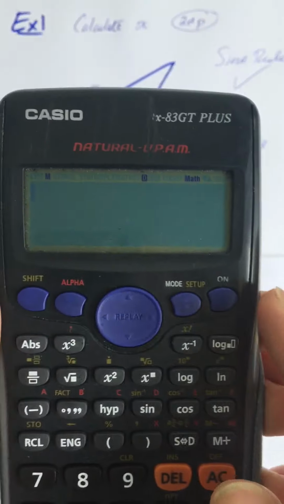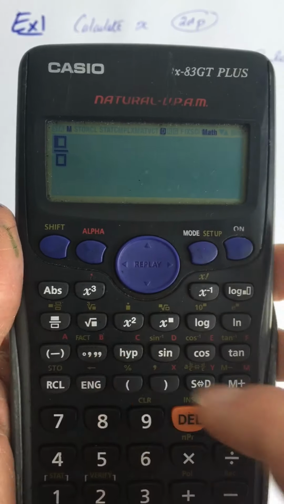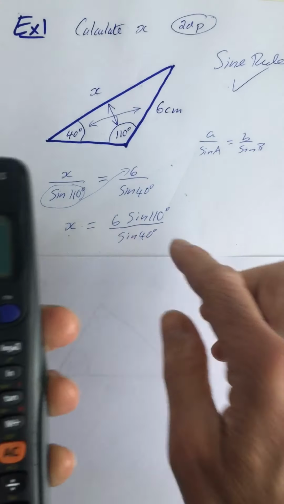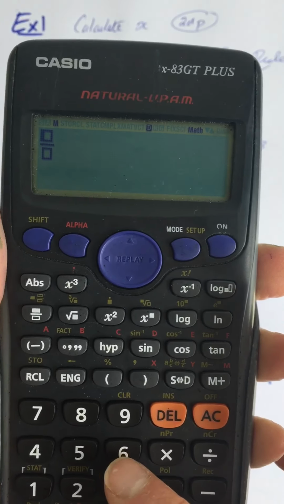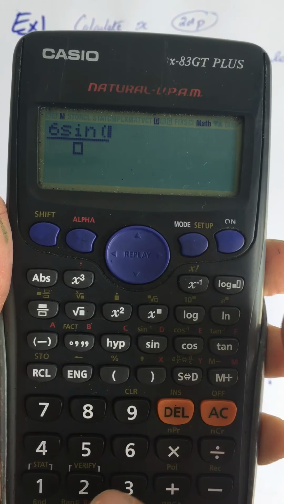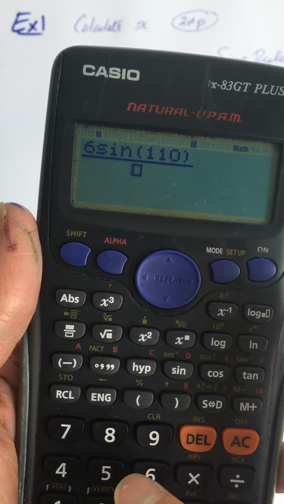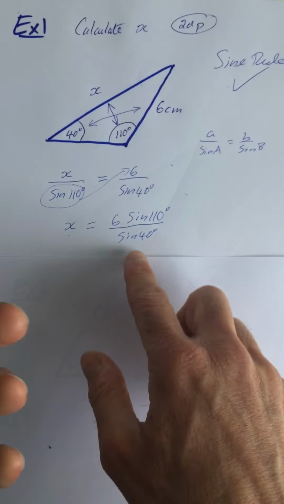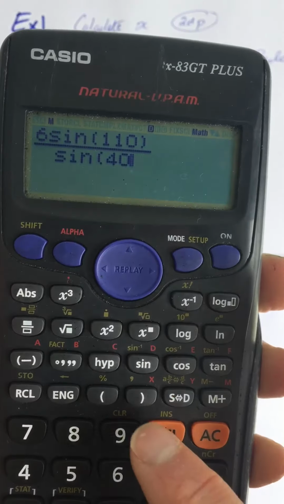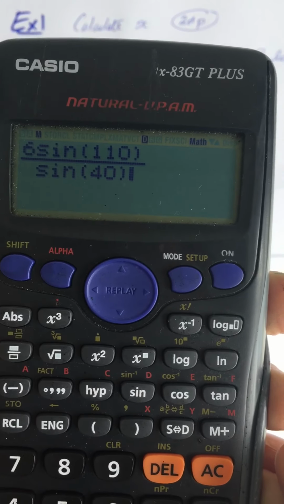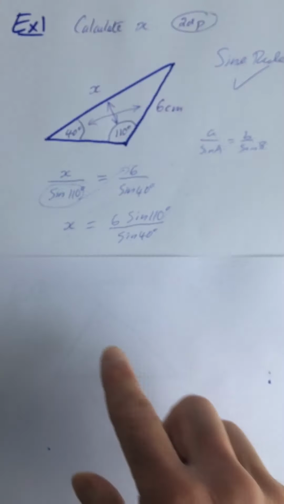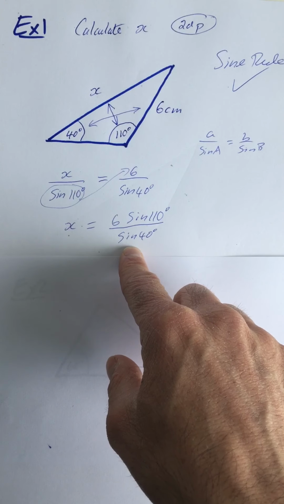So to type it into your calculator, the best thing to do is to press the fraction key and type in 6 sine 110, close your little bracket, arrow down and put the sine of the other angle on the bottom, which is 40. Close your bracket. Double check that what you've typed into the calculator matches up with what you've written.